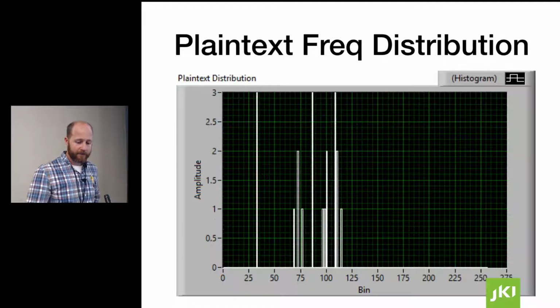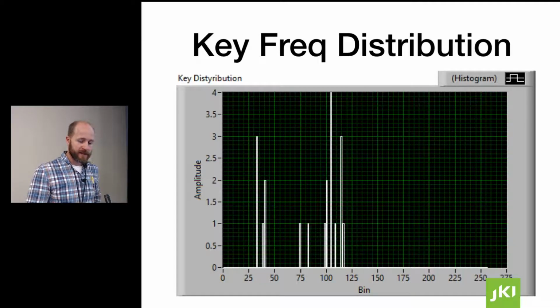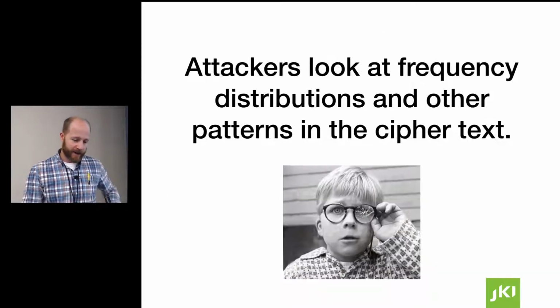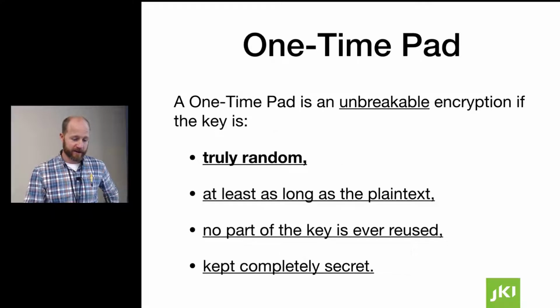That was the plain text distribution. This is the key frequency distribution. And if I look at the cipher, it's also not random. What ends up happening is, well, I'll get to that later. So attackers look for frequency distributions and other patterns in the ciphertext.